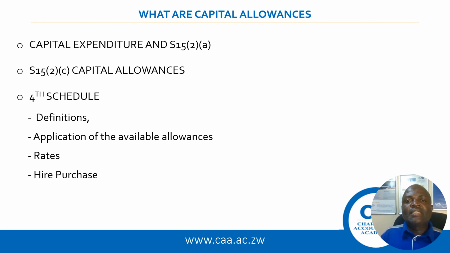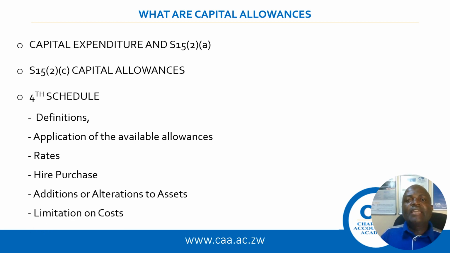It guides how assets in a hire purchase arrangement are treated in terms of capital allowances. It gives guidance in terms of additions and alterations to assets. And it also shows how to treat limitation on certain assets. You have to limit the cost that will rank for capital allowances.